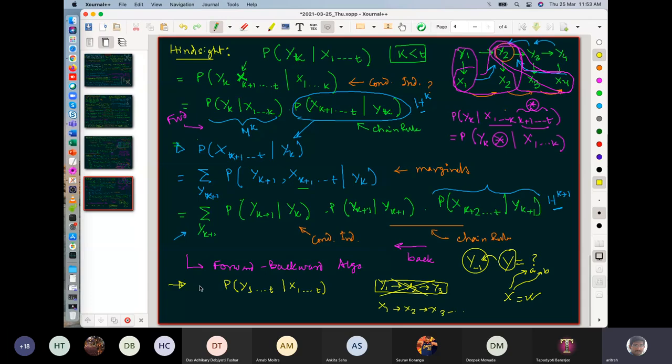Now I would like to see what is the most likely explanation of y passing through these states. Remember, y1 is a value. Let's say the state sequence is A, B, A, C. What is the most likely explanation that your observation can give about the state sequence?